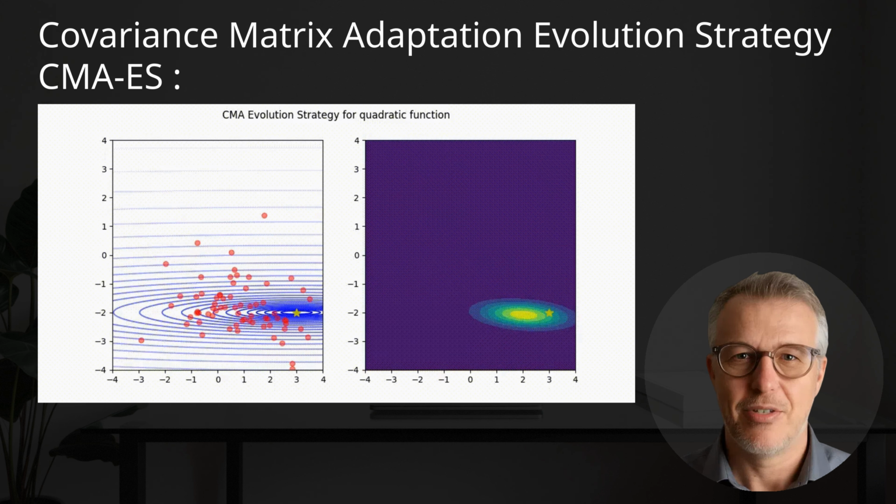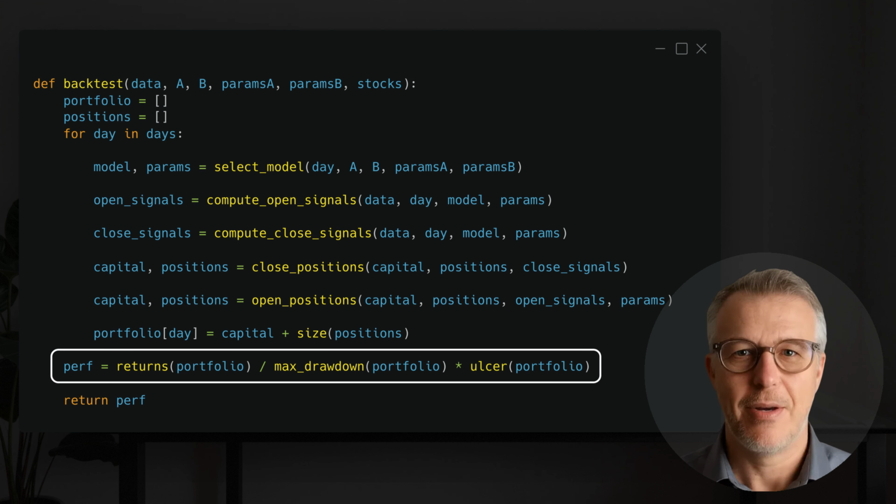In this animation, you can see how the method optimizes a two-dimensional quadratic function. Of course, here we will plug in our backtest function. The goal is to maximize it using a performance measure that reflects the investor's specific profile. Here, for example, we want to maximize returns while keeping drawdown under control.